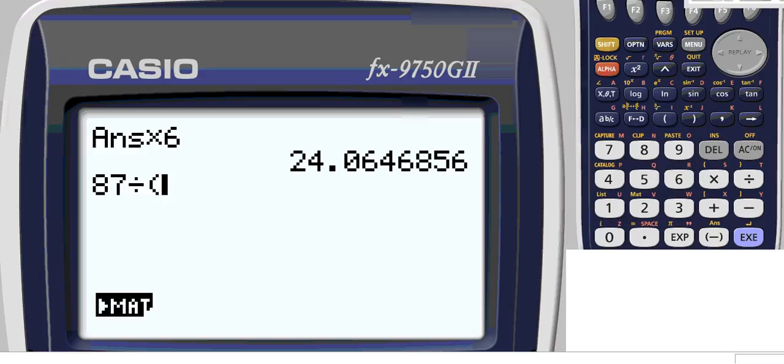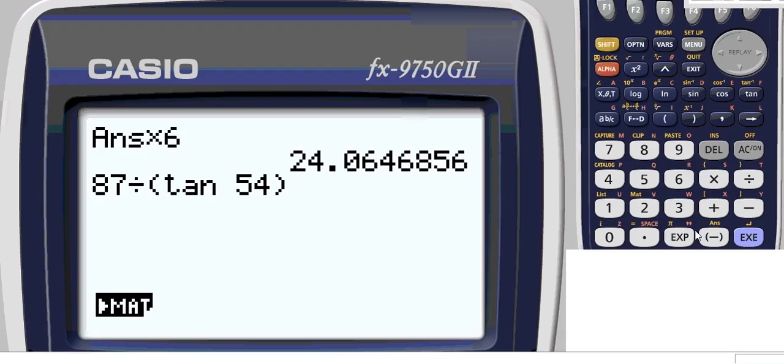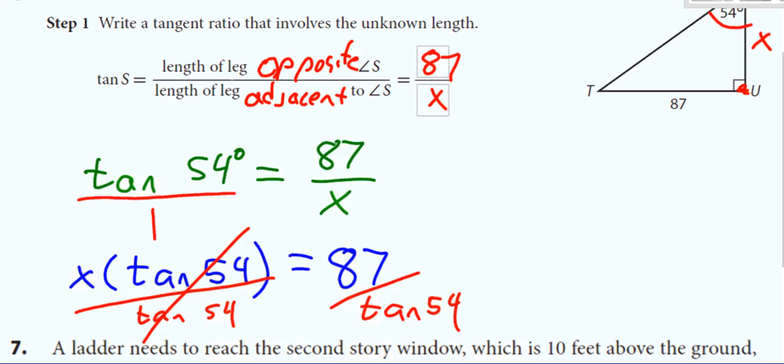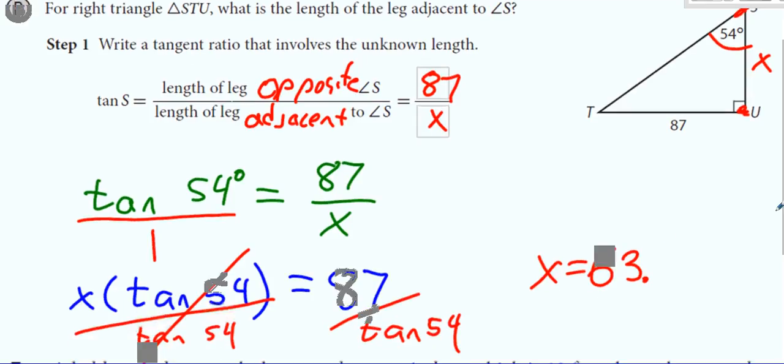So whenever you divide, always put parentheses there. Tangent 54. 87 divided by tangent 54 is 63.209. It doesn't tell us what to round to, so let's just do 63.2. Round to the tenths.